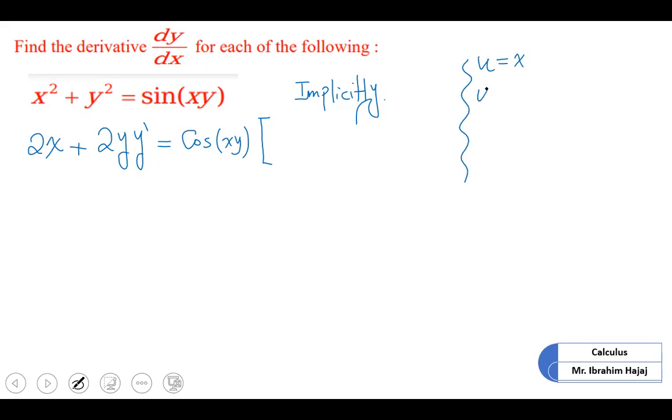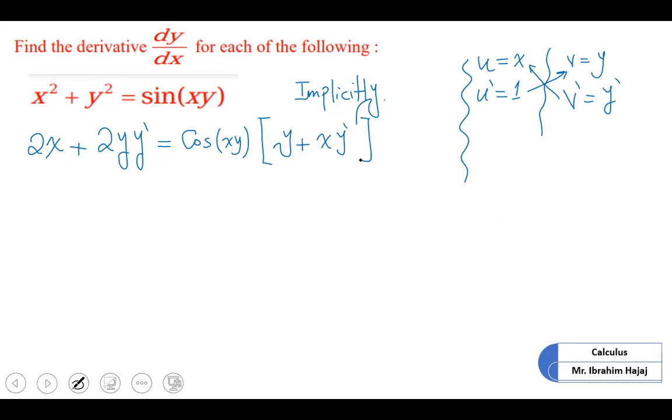The first, x, and its derivative u prime is 1, and v is y, and v prime here is y prime. So we write u prime v plus v prime u: 1 times y, which is y, plus y prime times x, or x y prime.